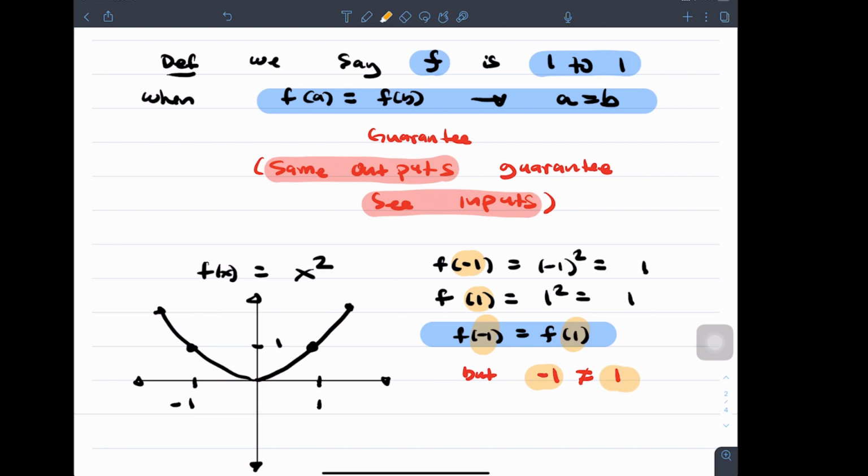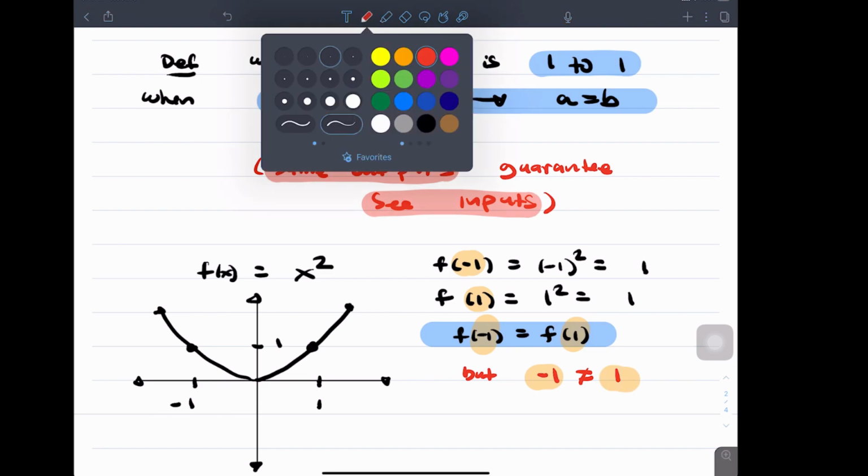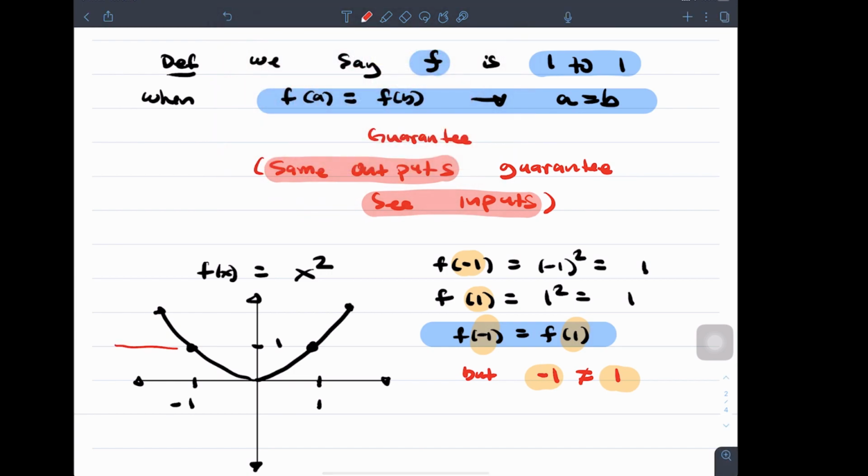These are different. And notice by the horizontal line test, even, it also fails. This is a horizontal line test, HLT. It fails because it hits the curve in 2 spots. All right, you guys okay with that idea? This is the essence of it.